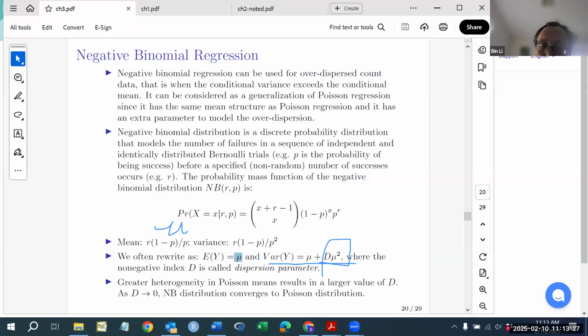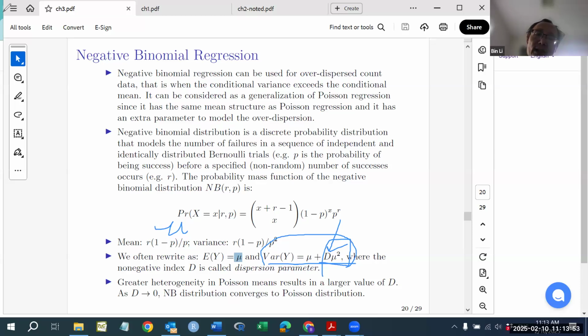If we rewrite it like this, you can see there is a factor called the dispersion parameter d that describes the variance. So the variance is mu plus the dispersion parameter d times the square of the mean.